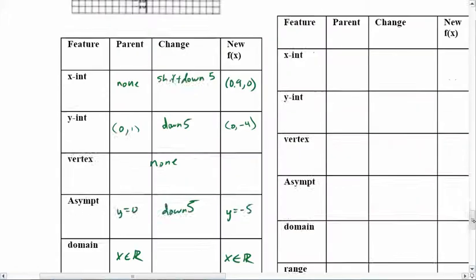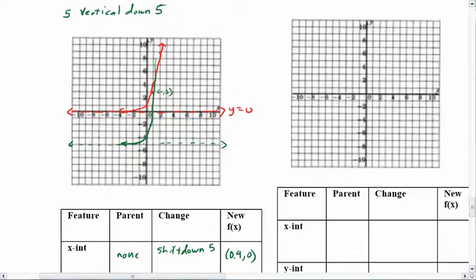All right. The next one right here, the range. Well, if I start here and I go up, it does go up and up forever. But if I go down, does it continue to go down forever? The answer is no. It actually doesn't pass y equals 0. So it can't actually be 0, but obviously it can be anything up above that 0.